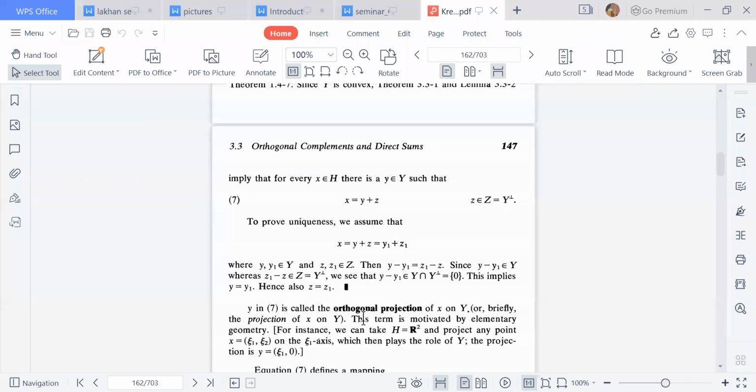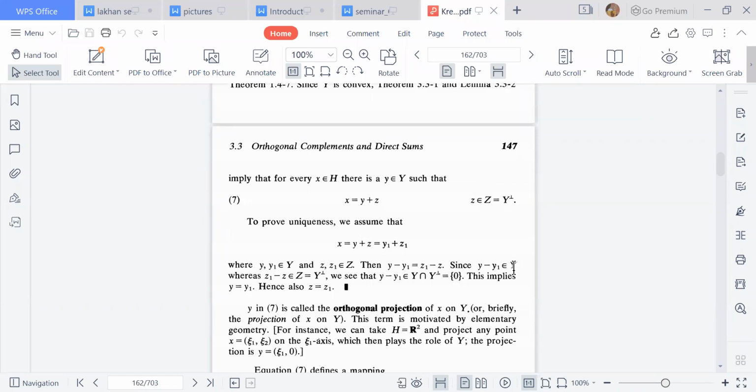So to prove uniqueness, we assume that x is equal to y plus z is equal to y1 plus z1, where y, y1 belong to capital Y and z, z1 belong to capital Z. Then y plus z is equal to y1 plus z1. Y1 take to left hand side, so y minus y1 is equal to z1 minus z.